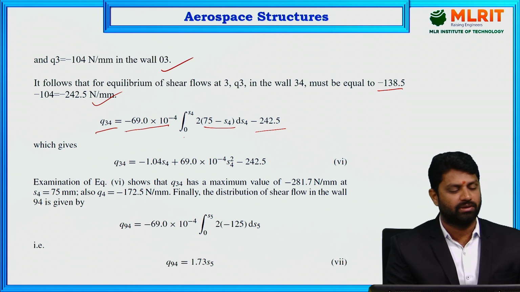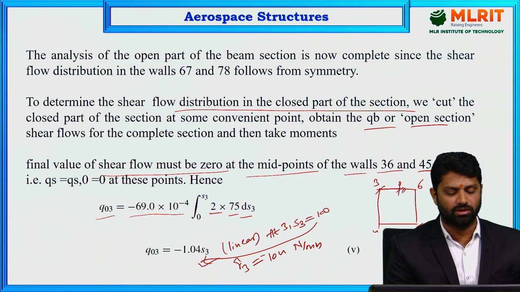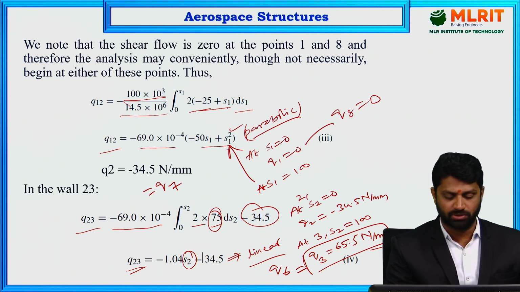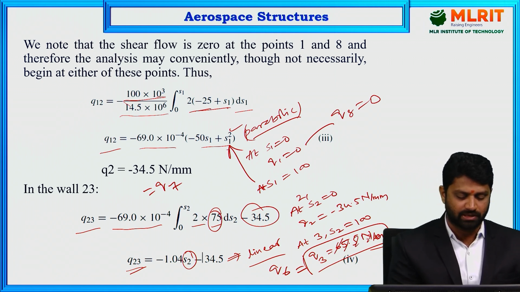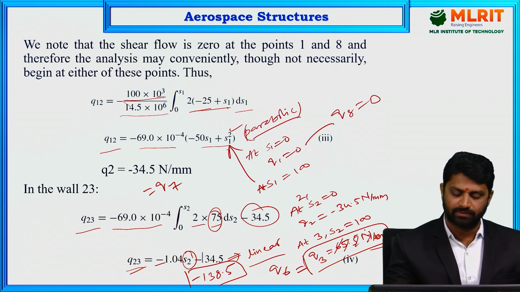Earlier we got for the formula Q3, 138.5, because both are minus, so you got Q3 as minus 138.5 Newton per mm.